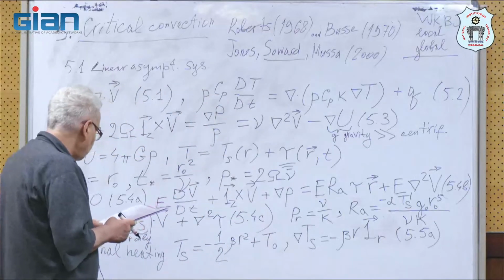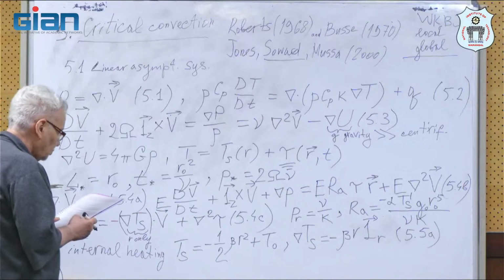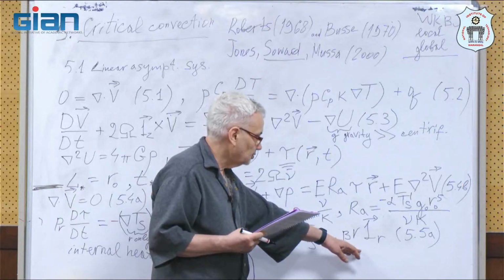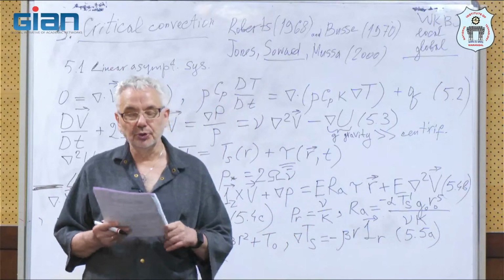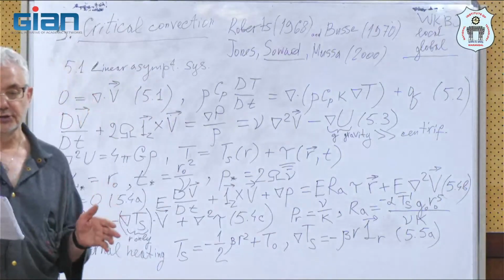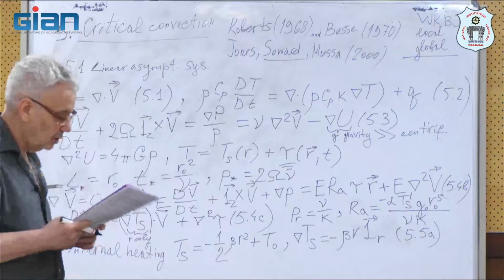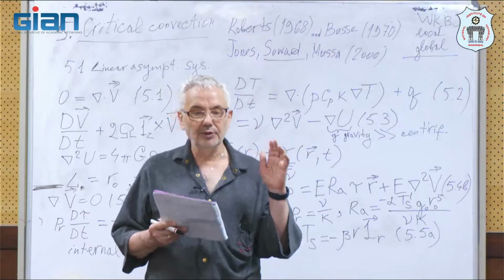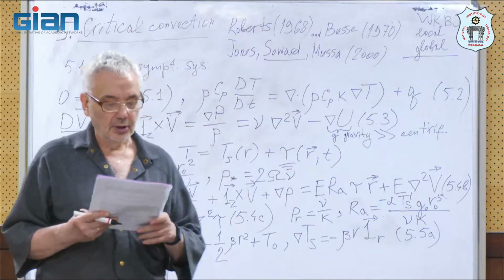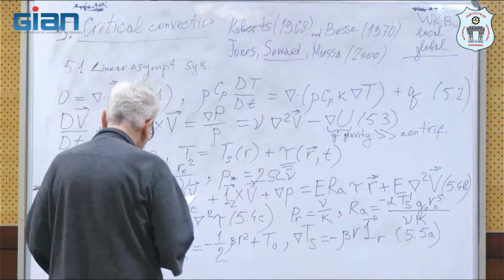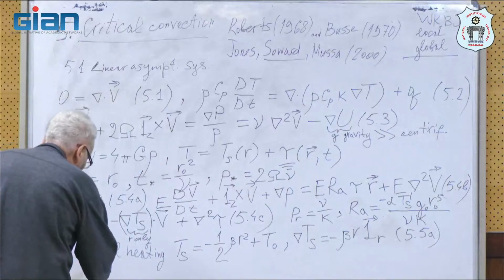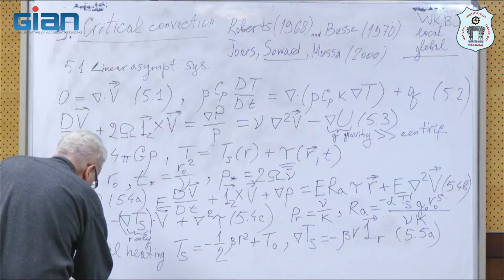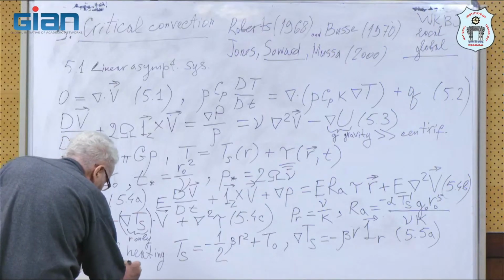So this is the internal heating. This works when we have some value of the heat flux distributed uniformly inside the sphere or spherical shell or whatever. But it's also possible to have differential heating, when we have one temperature on one boundary and another temperature on another boundary. In this case, there is a slightly different profile.